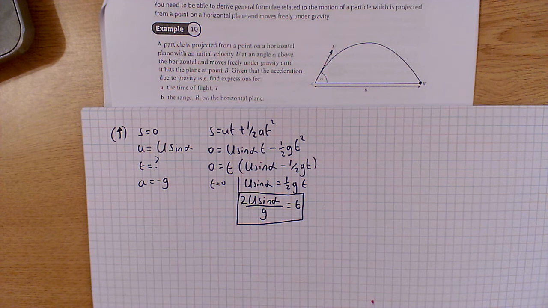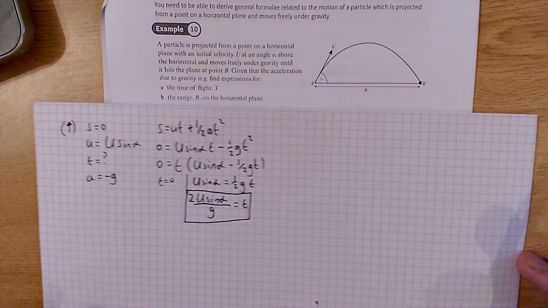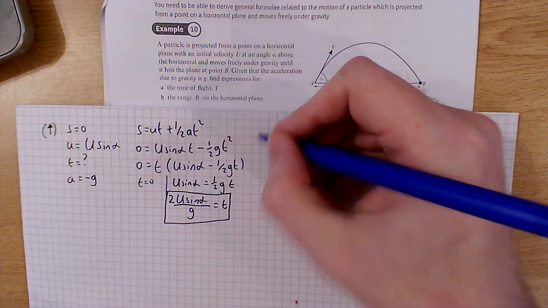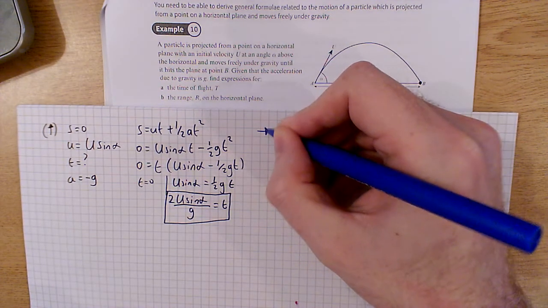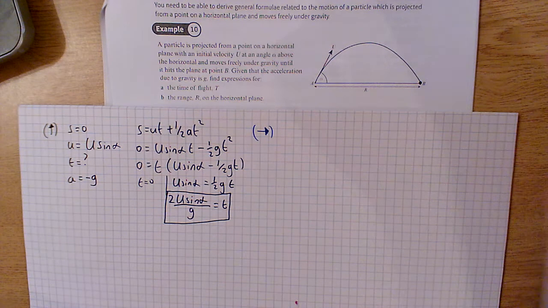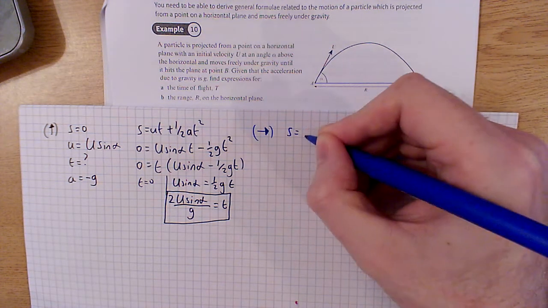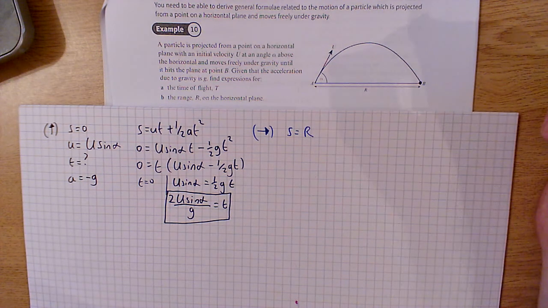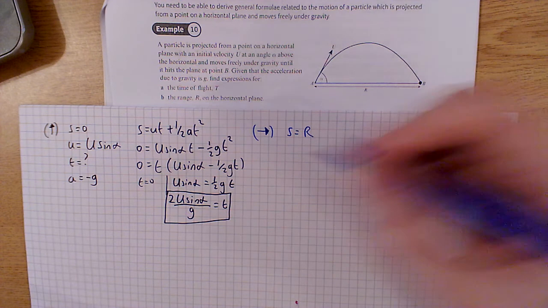The second part is to find the range r on the horizontal plane. So r, the range, is how far it's gone when it does land. So that one is going to be all about resolving horizontally. We're looking for s equals r, the range. And what do we know? Well, we know the time.